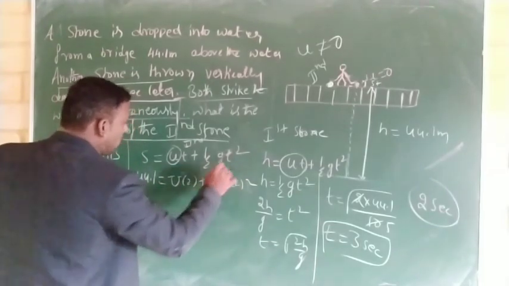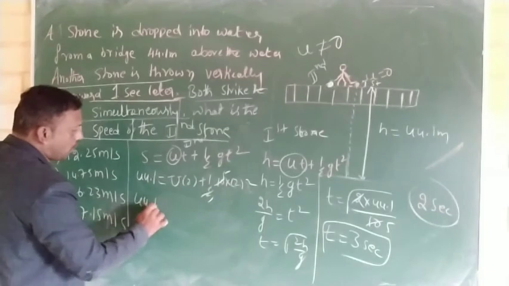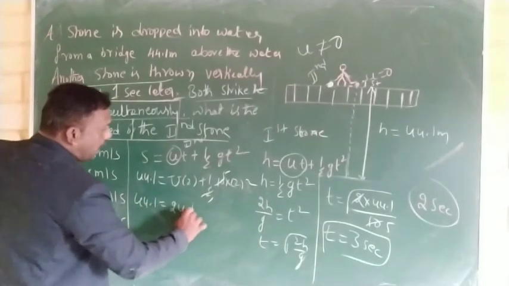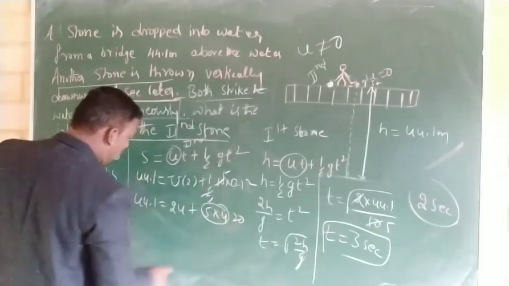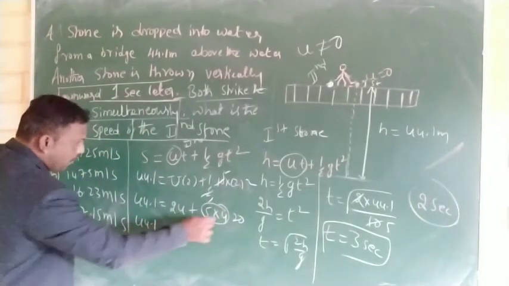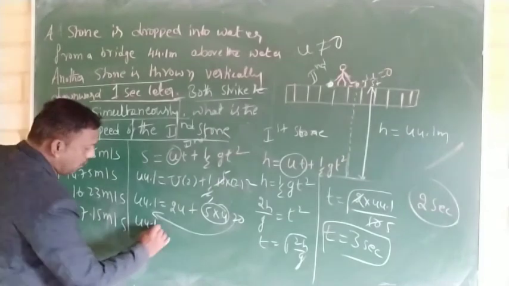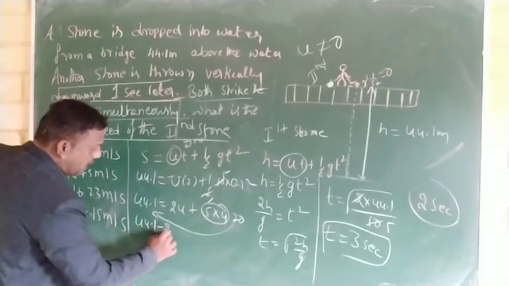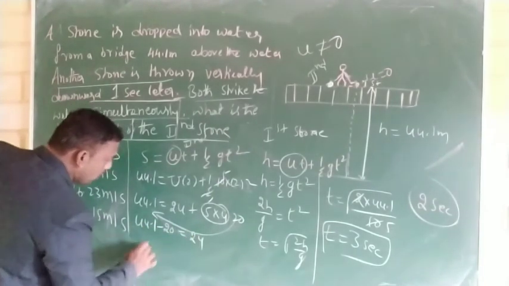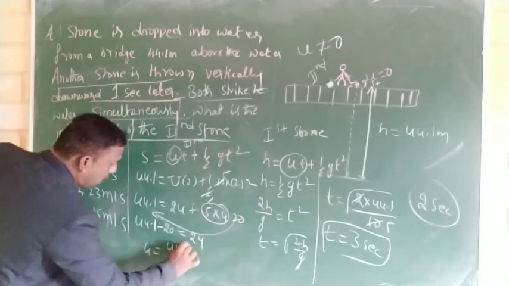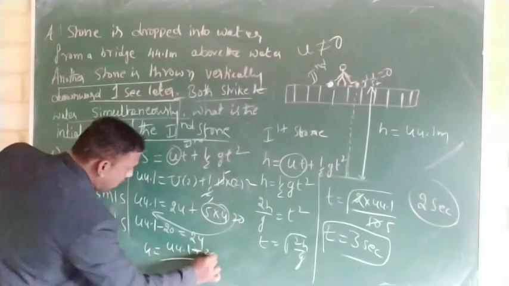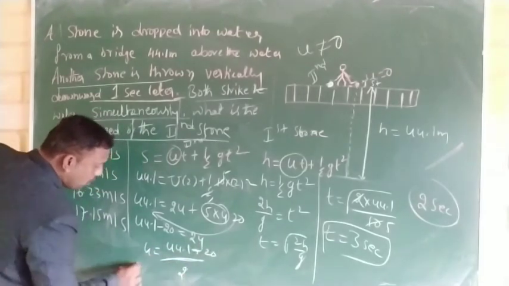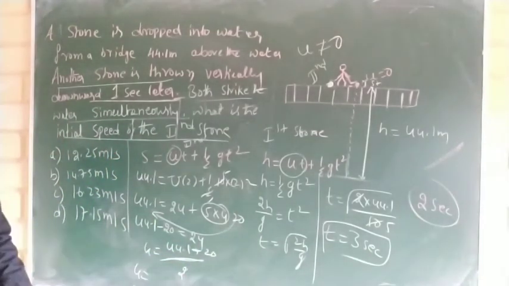Therefore 44.1 is equal to 2u plus 5 into 4, which is 20. This 20 comes to the left hand side. 44.1 minus 20 is equal to 2u. U is equal to 44.1 minus 20 divided by 2. U is equal to 12.25 meter per second.